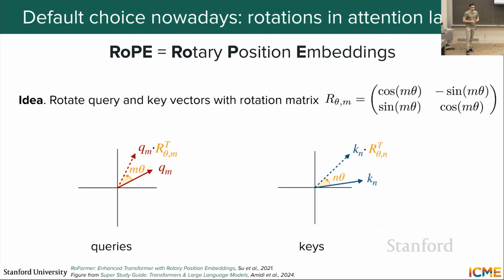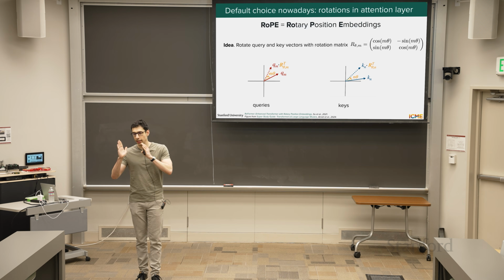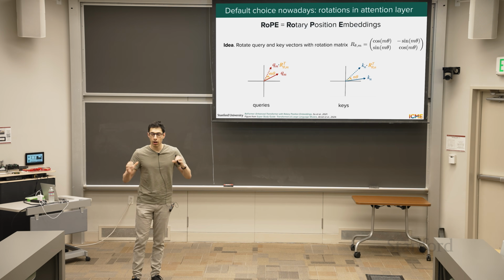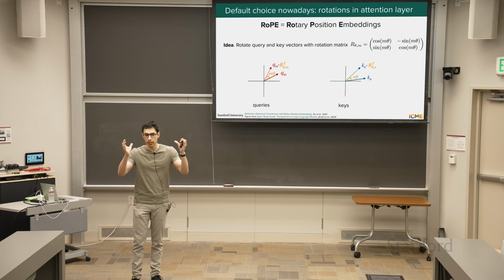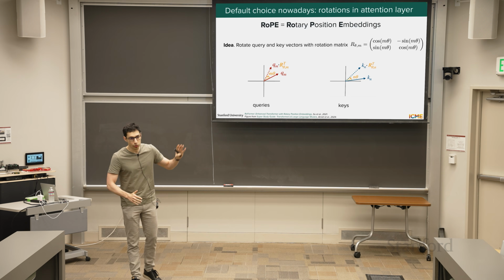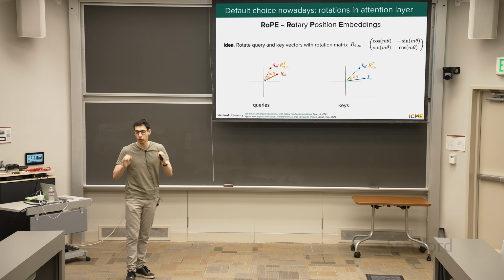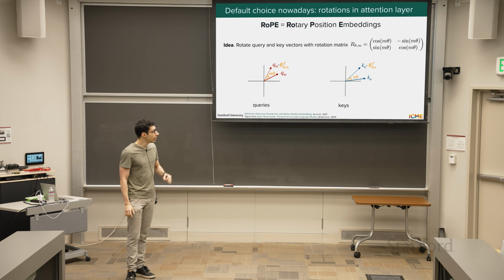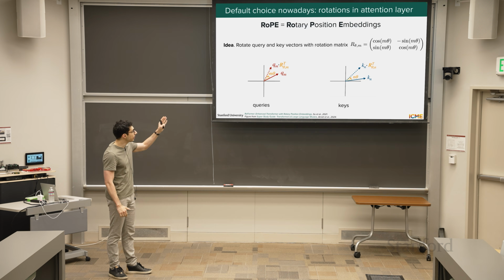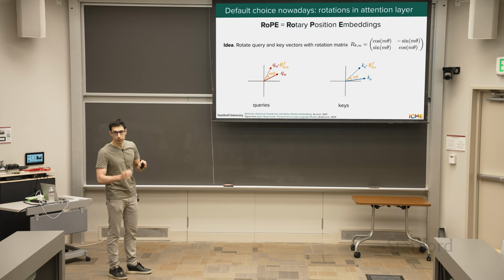And the way it works is as follows. You take queries, you take keys, and instead of feeding them in the dot product as is, you will rotate them by a rotation operation that takes into account their position. So you take the query, you rotate it with respect to something that depends on m, same for the key that depends on n, its position.